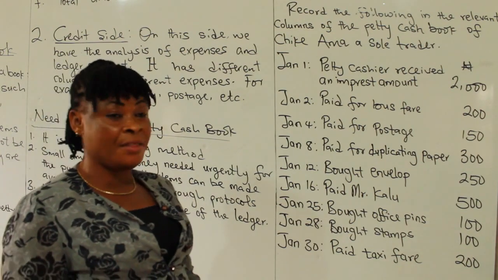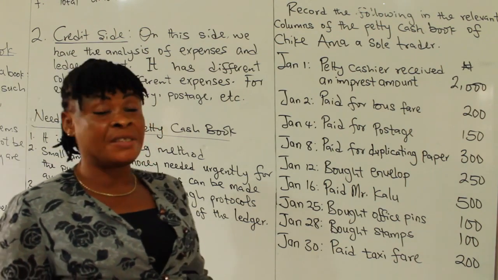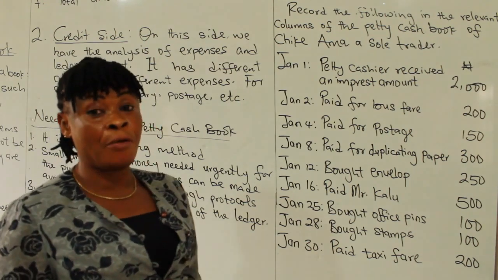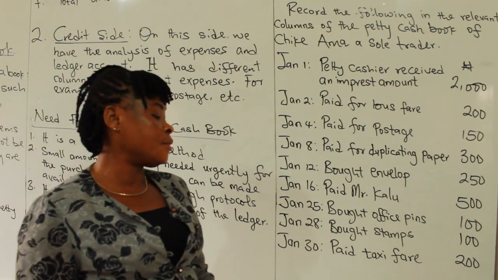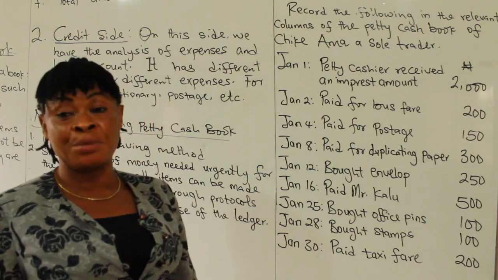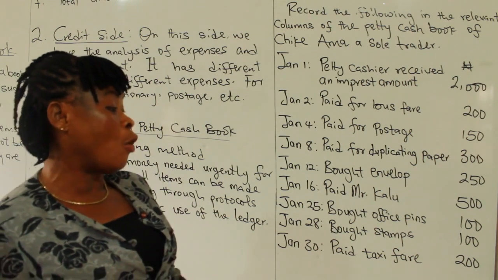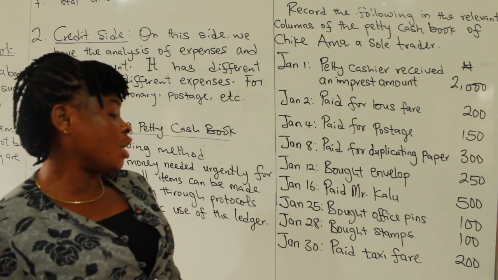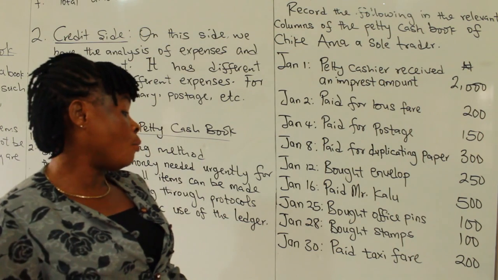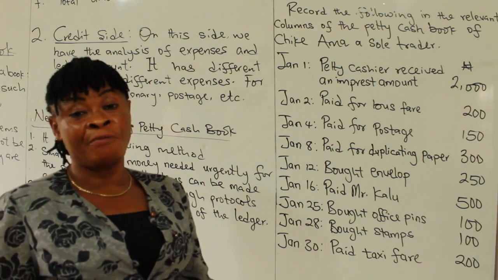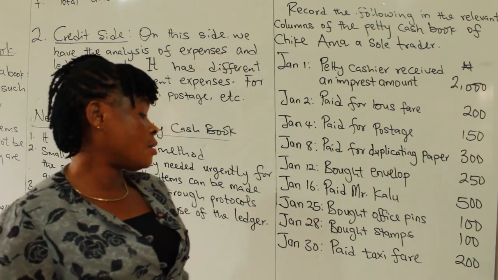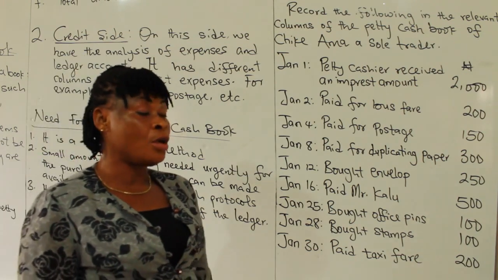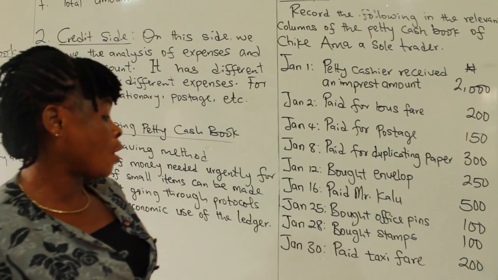On January 16th, paid Mr. Carlo 500 naira. On January 25th, bought office pins for 100 naira. On January 28th, bought stamps for 100 naira. On January 30th, paid taxi fare for 200 naira.